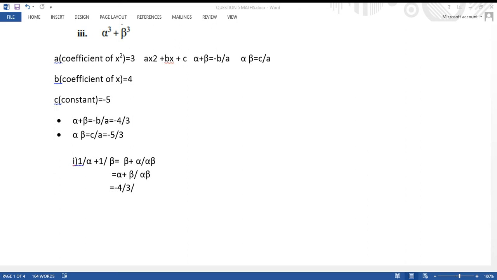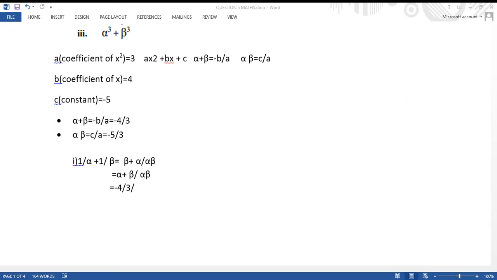The a and b are representing the coefficients. Then c represents the constant. Whenever you say quadratic equation, that's the format.